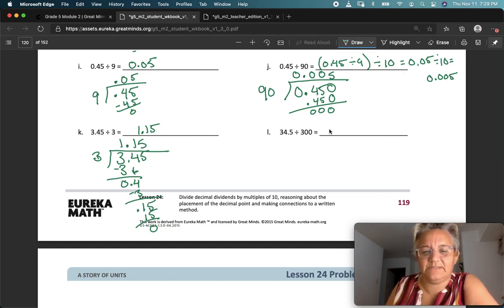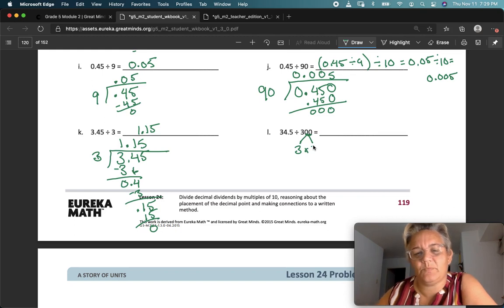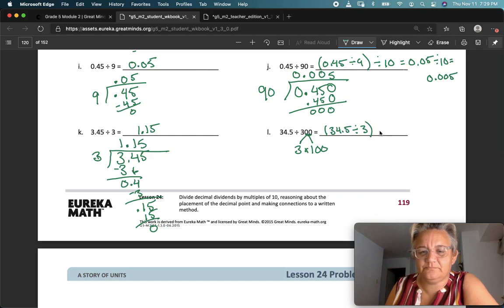Now, I'm going to take, oh my goodness, look at that. I think I'm going to split that into 3 times 100. And 34 and 5 tenths divided by 3 divided by 100 equals, okay, so 34 and 5 tenths divided by 3, and I'm just going to keep writing underneath it because I'm going to run out of space on this side.